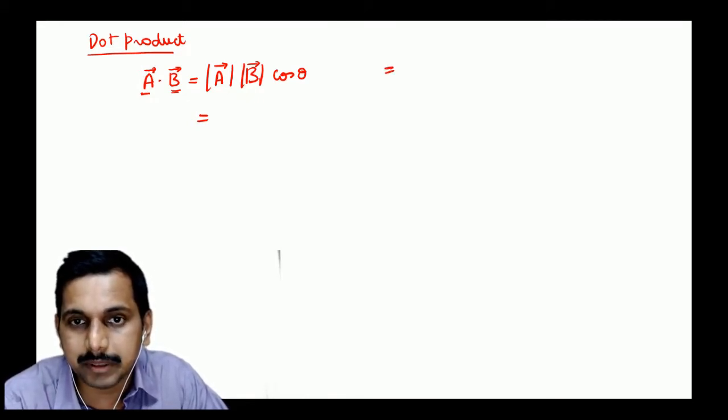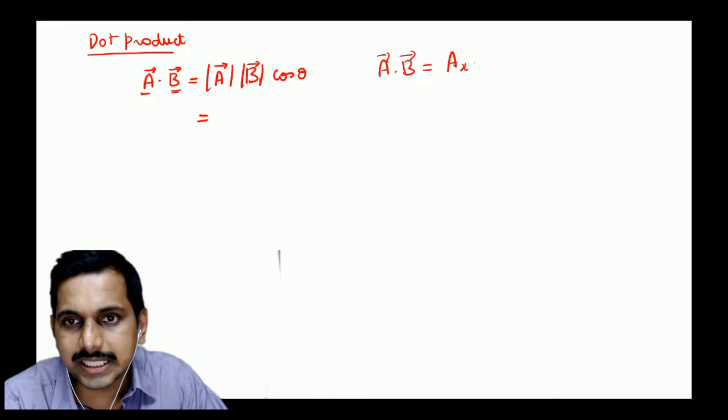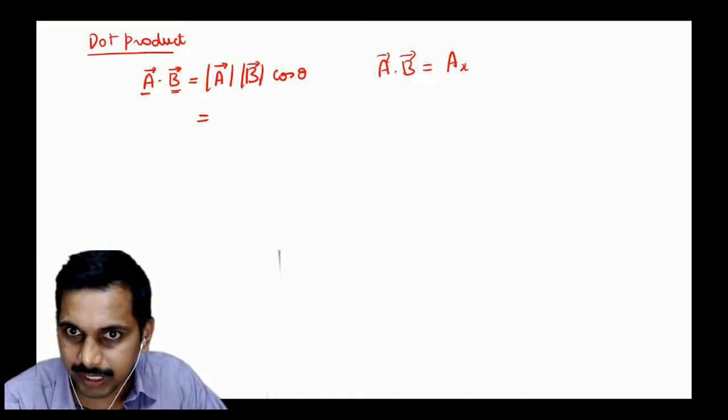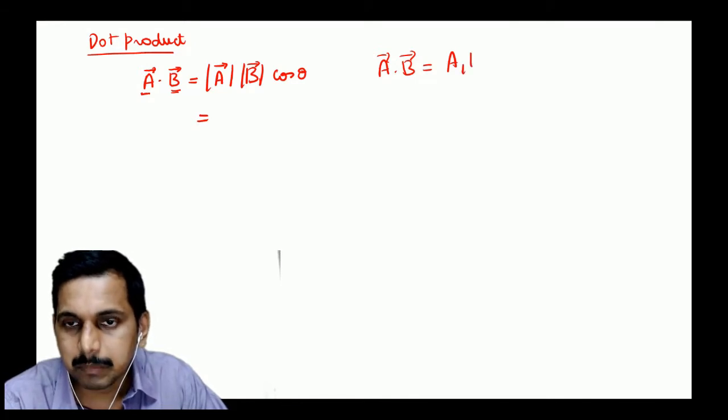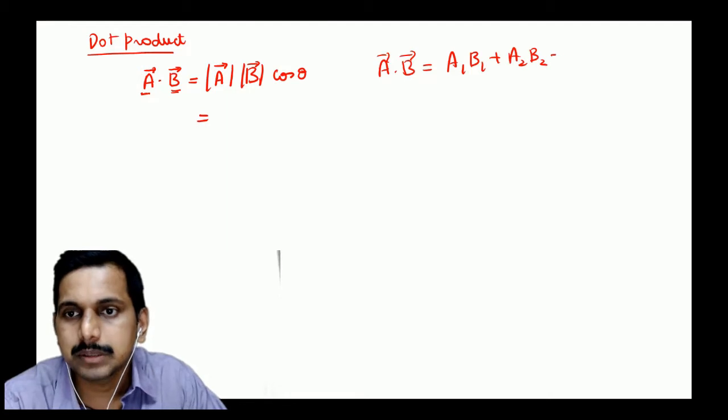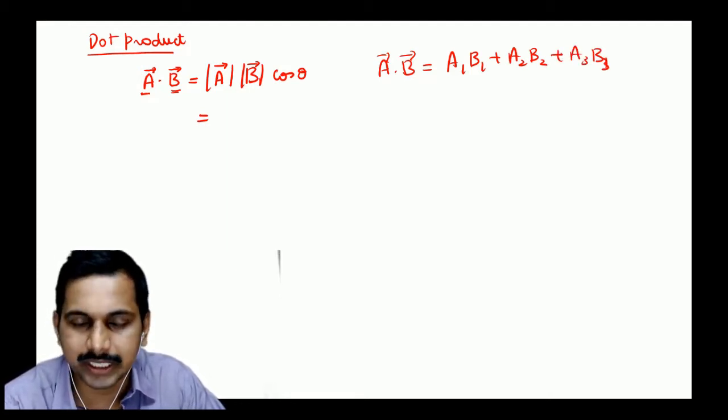A dotted with B can be written as A1 B1 plus A2 B2 plus A3 B3, correct? This is what I get, correct?